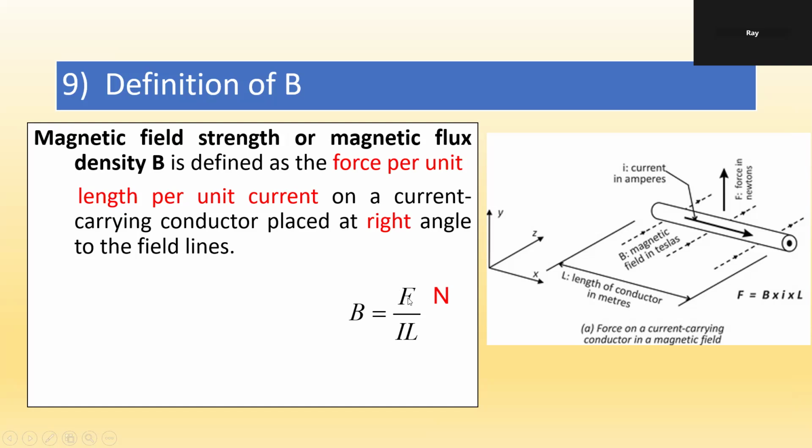Force is in Newton, current is ampere, length is in meter. So we give it a special name, Tesla, name of a person, capital T. It's Newton per ampere per meter.